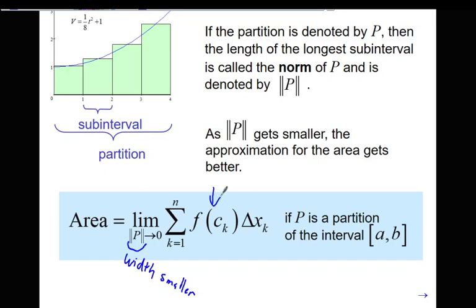This f of c sub k, that is your height, and this is your width. And remember, sigma adds up a bunch of stuff. So what we're saying here is literally that sigma is adding up height times width, which is area.